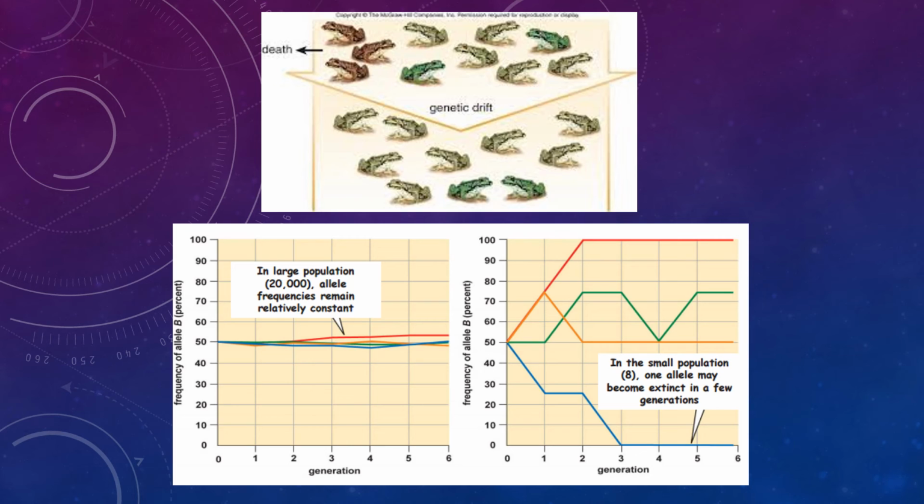In the graph to the left, you'll see that genetic drift in a small population can have a very big impact on the population as a whole, maybe even causing variations of that species to become extinct, as opposed to the chart on the right, where in this large population of a certain organism, genetic drift causes a very small effect on that population just because it's so big.